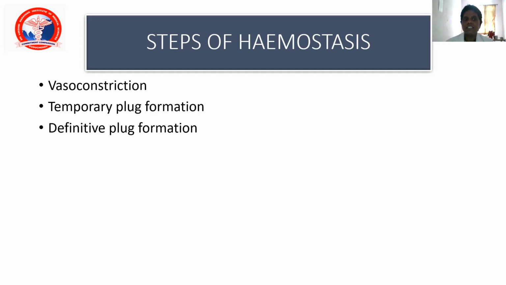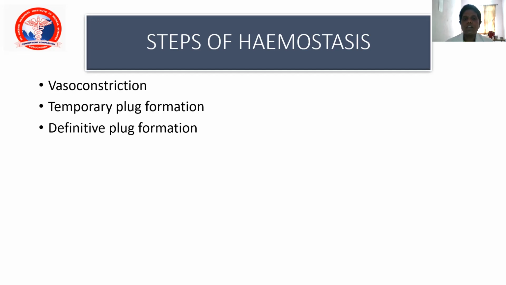And this vasoconstriction is very much essential to minimize the blood loss. It can only minimize the blood loss, but it cannot prevent further blood loss. So it is going to minimize the loss until other hemostatic measures come into action.